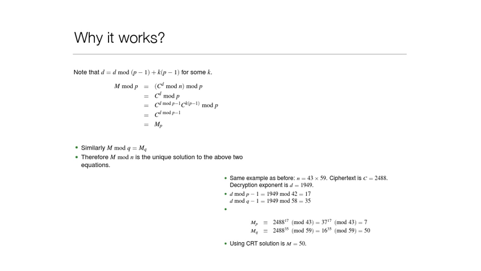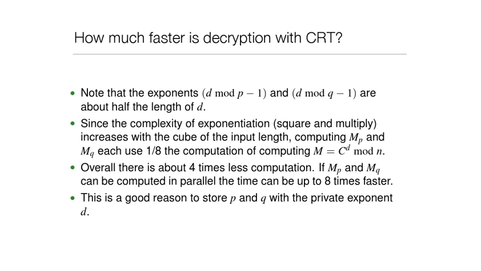Okay, and this is information about why the Chinese remainder theorem works to make the decryption more efficient, and how much faster decryption is with CRT.